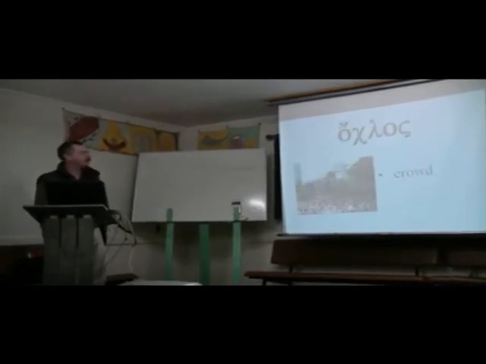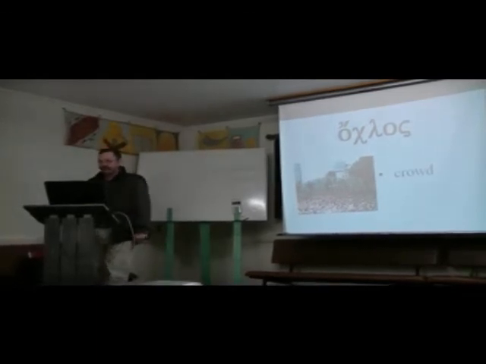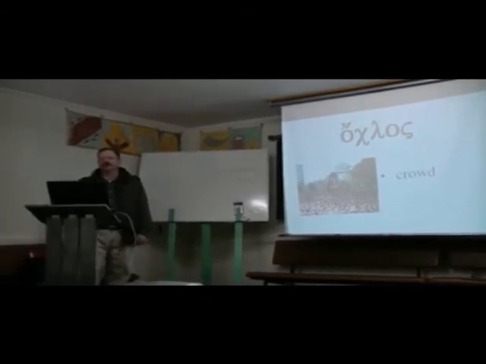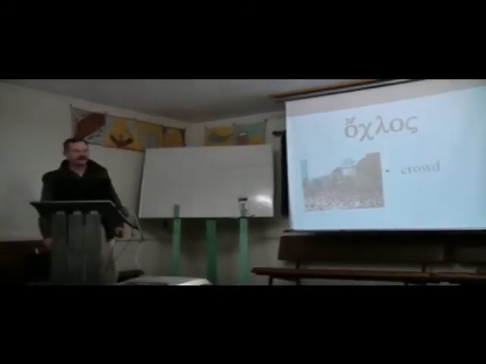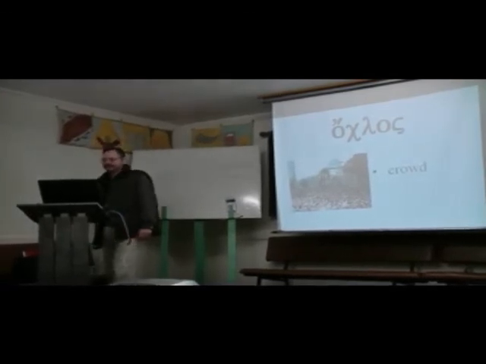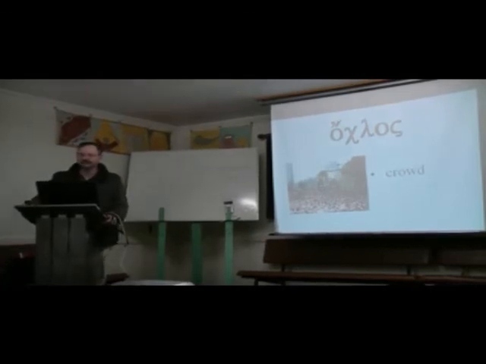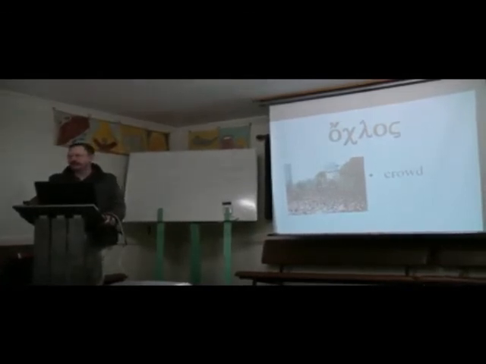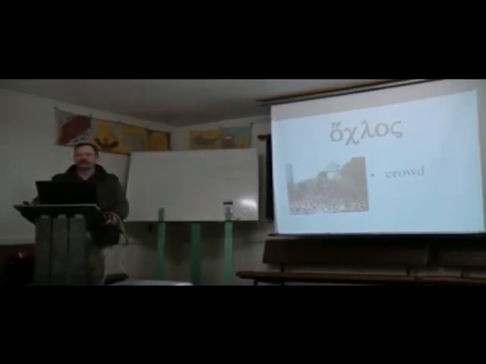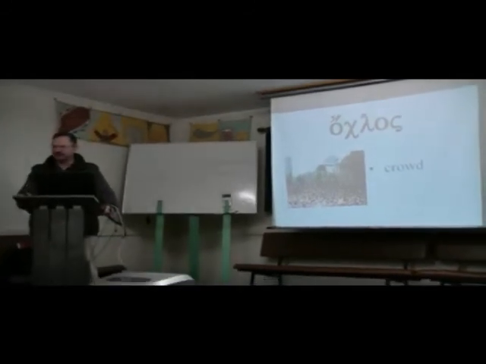Second word is achlos, which means crowd. So draw a line from the word achlos to the word crowd in English. Everybody find it? Basically, you're looking for English words, and I'm hoping that's not too hard.